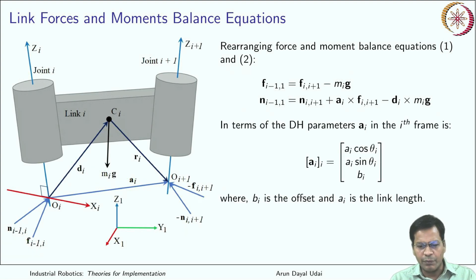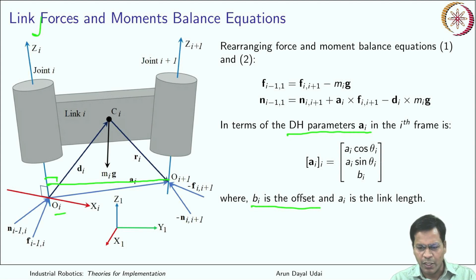Okay, so in terms of dH parameters, you can write Ai. Ai, how do you see here, is a link length. What was that? It was the shortest distance, a perpendicular distance between y and I plus 1. So if at all you are able to draw something like this, so you should see something like this, and there is a perpendicular offset also that was existing, that is from along Zi starting from y.